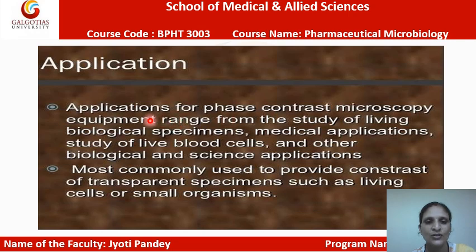Other applications of phase contrast microscopy range from the study of living biological specimens, medical applications, study of live blood cells, and other biological and science applications. Most commonly, it is used to provide contrast of transparent specimens such as living cells or smaller organisms.